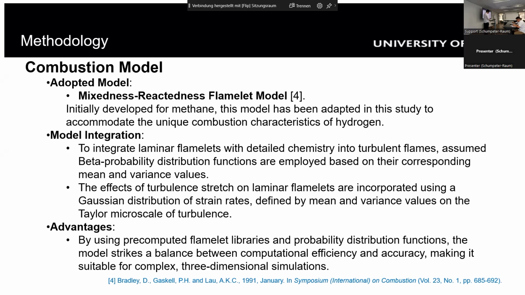This approach enables us to strike a balance between computational efficiency and accuracy, making it suitable for the complex 3D simulations required for our analysis.